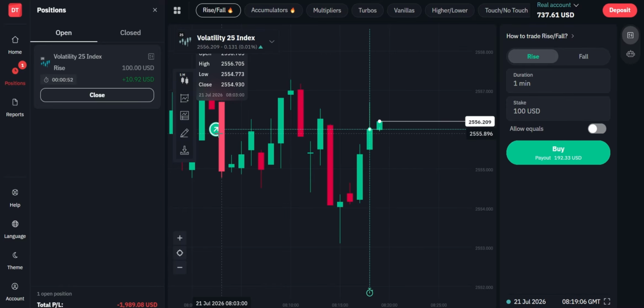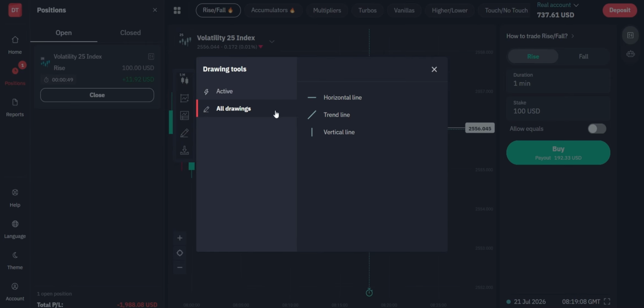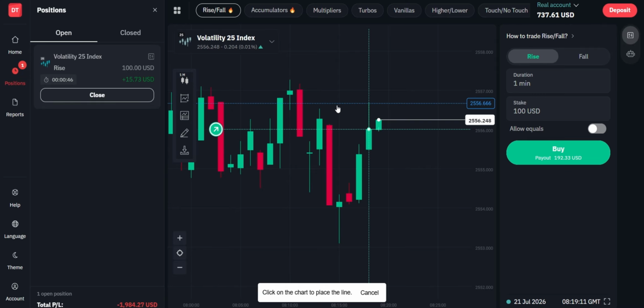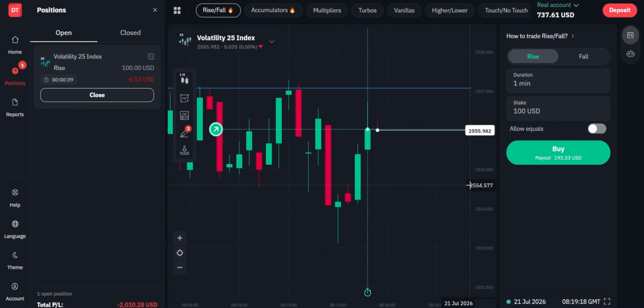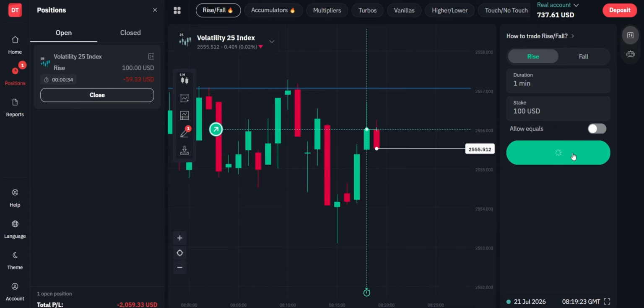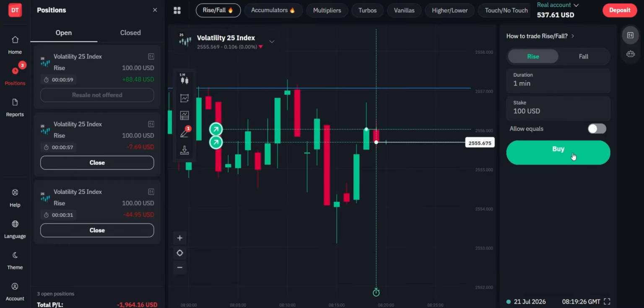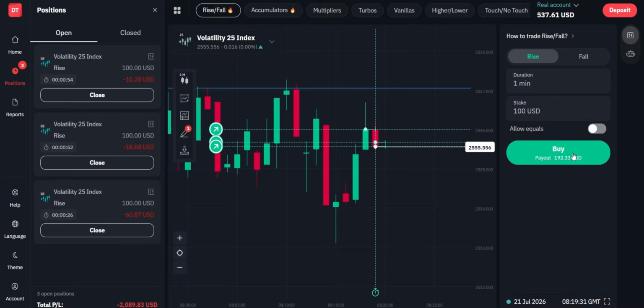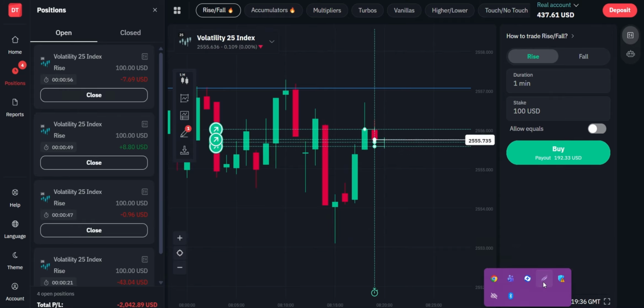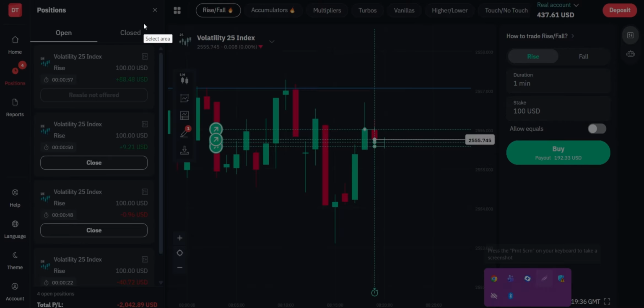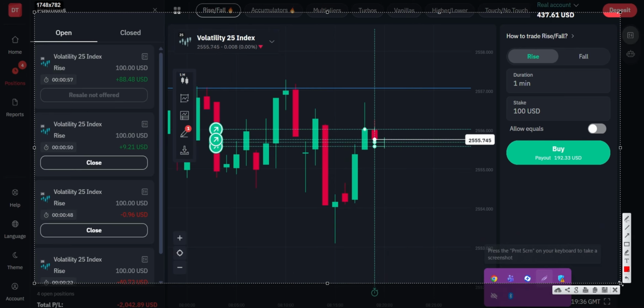I'm sure that this candle is going to be a bullish candle because the sellers are there. I'm placing one more trade. Okay, I risk $400 because I know that I'm going to win these trades.